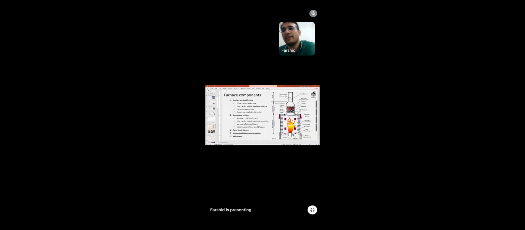And the flue gas, alongside its energy and the stack effect, goes out of the furnace with the help of the stack. We will talk more about the different components in the design criteria.